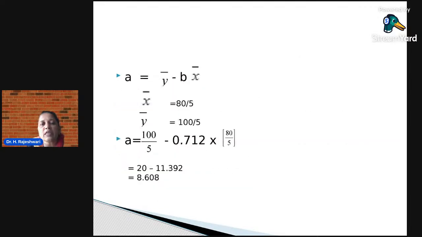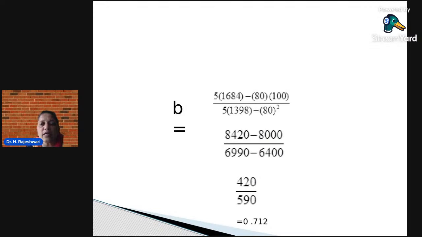Okay, let me explain the a value again. Did you understand, everybody, how to find out the b value here? Any doubt in finding out the b value? Is it clear? I hope finding out the b value is clear to everyone.